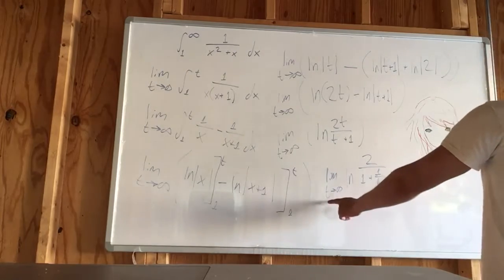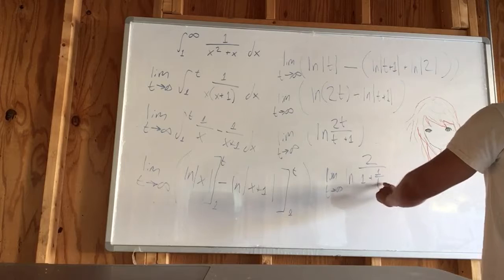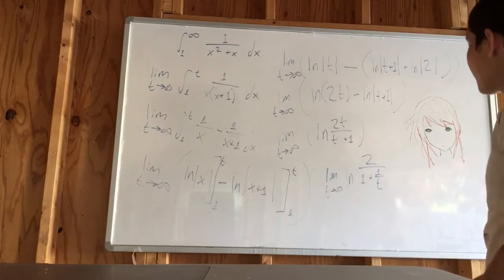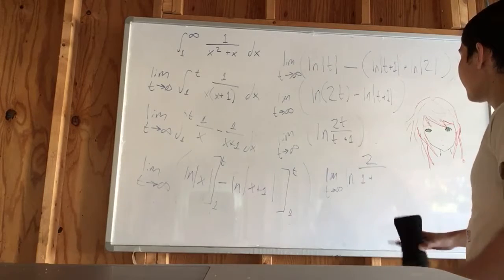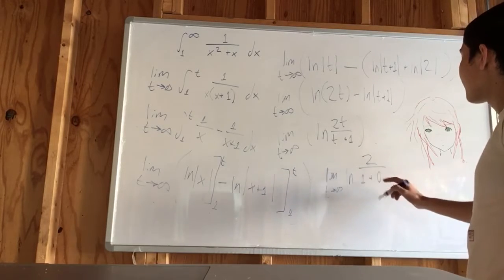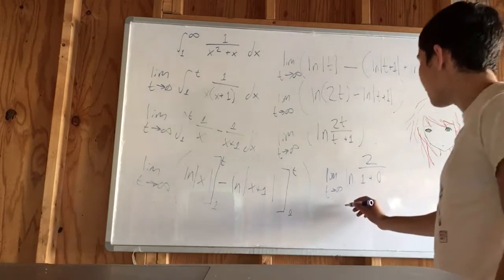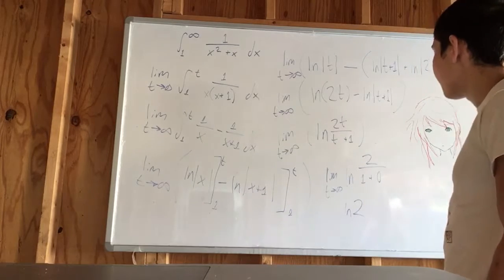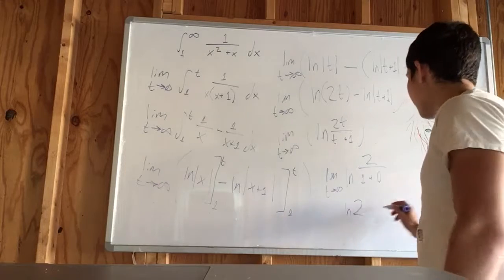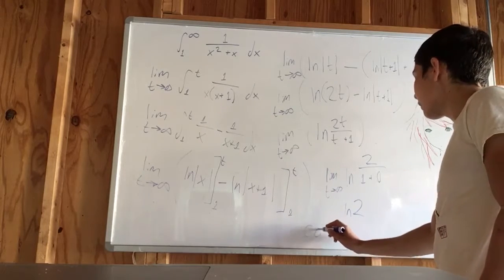When we apply t going to infinity, what happens with this? It goes to 0. You've got infinity in the denominator of this thing right here, and it goes to 0. So we have the natural log of 2. The natural log of 2 is what this converges to. Converges.